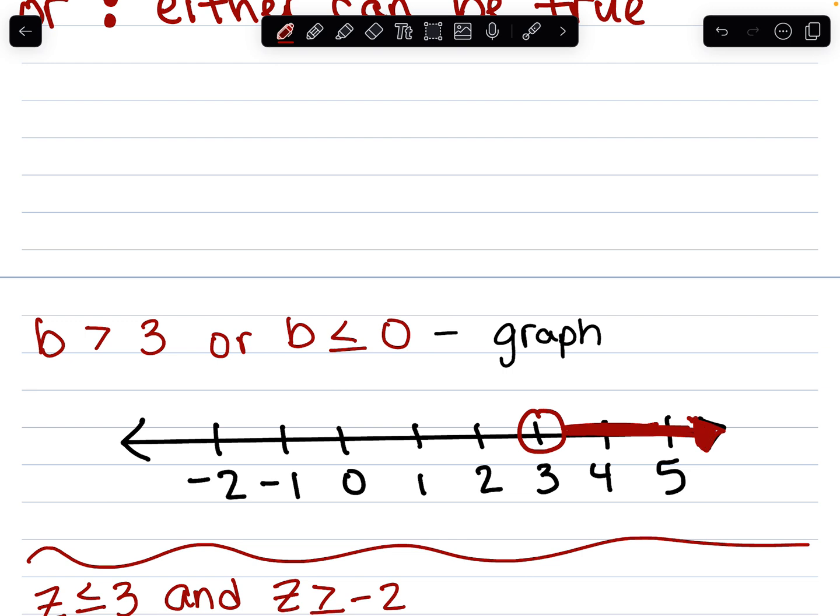Then how can I graph b is less than or equal to 0? A filled in circle at 0. And if I want less than 0, what direction is that arrow going? To the left.